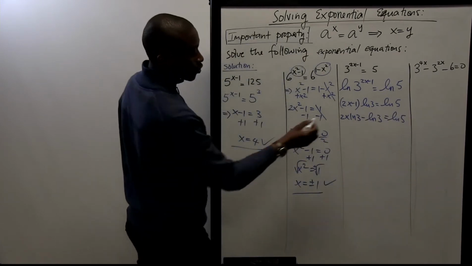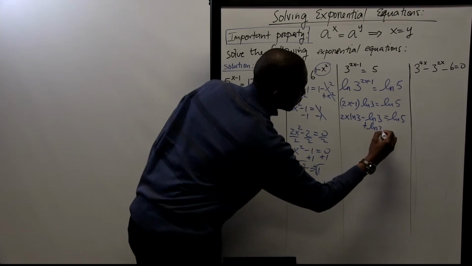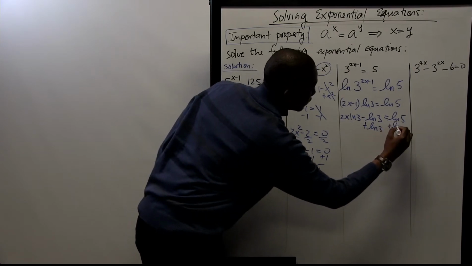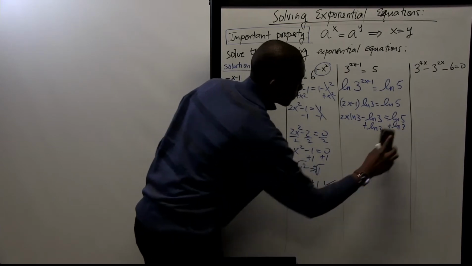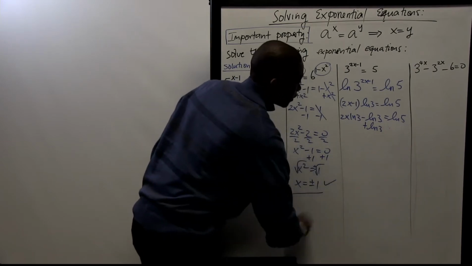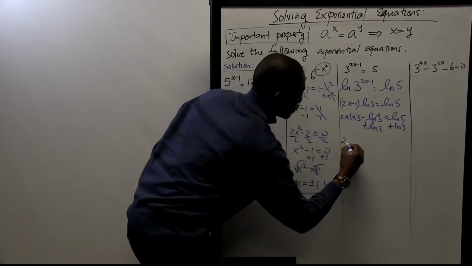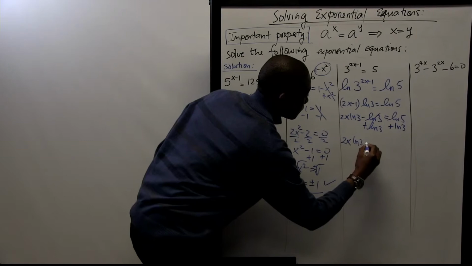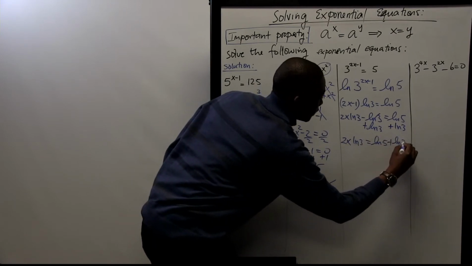So now I'm trying to solve for x. I can do that by adding natural log of 3 on both sides, plus ln 3. So this is gone. I'm left with 2x ln 3 equals ln 5 plus ln 3.